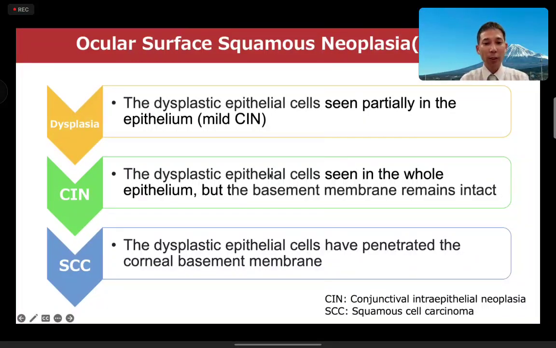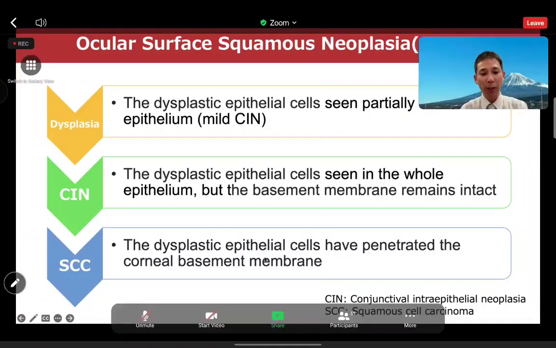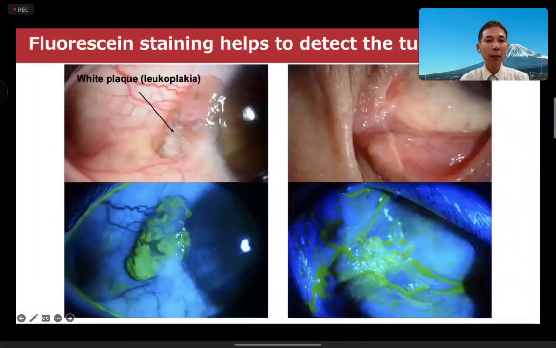If the dysplastic epithelial cells are seen in the whole epithelium, but the basement membrane remains intact, it is CIN. And if the dysplastic epithelial cells penetrate the basement membrane, it is squamous cell carcinoma. I would like to show the fluorescent technique, which helps to detect the tumor margin.